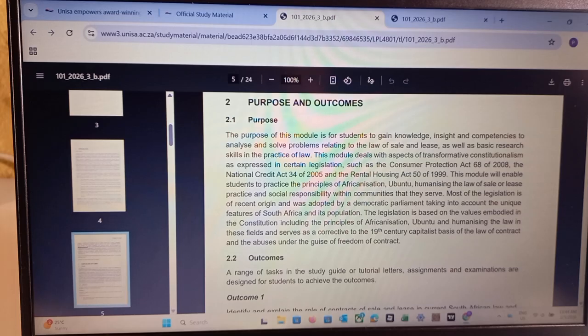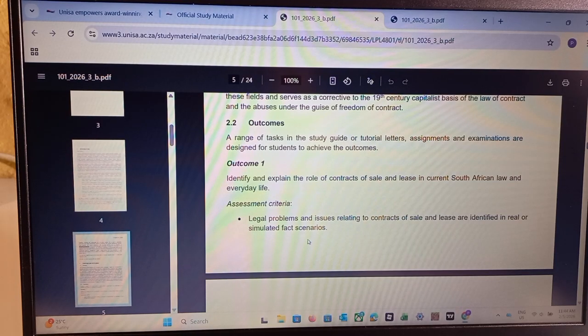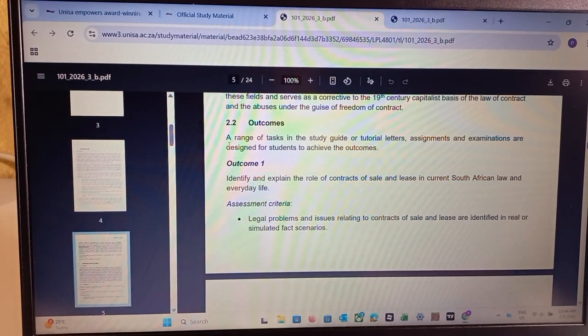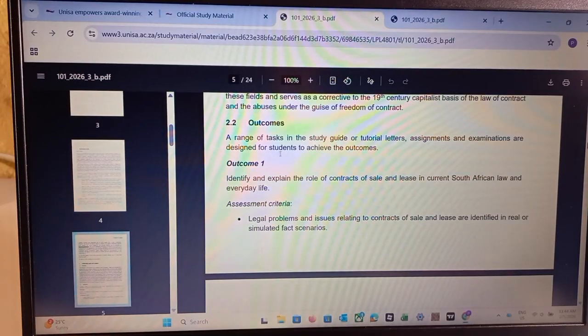Okay, we move on. Outcomes, there on 2.2. It says there, a range of tasks in the study guide or tutorial letters, assignments, and examinations are designed for students to achieve the outcomes.